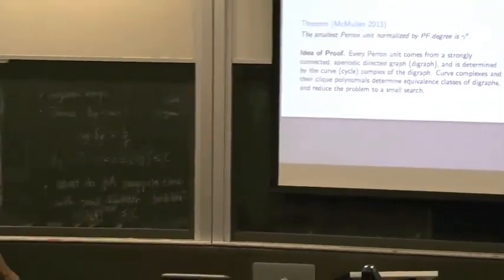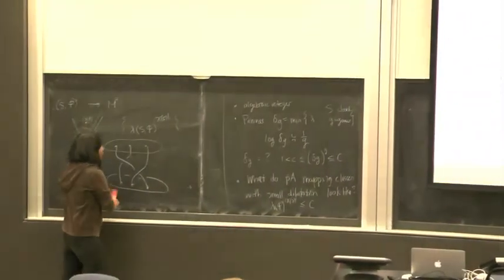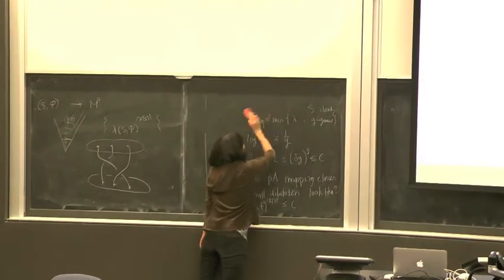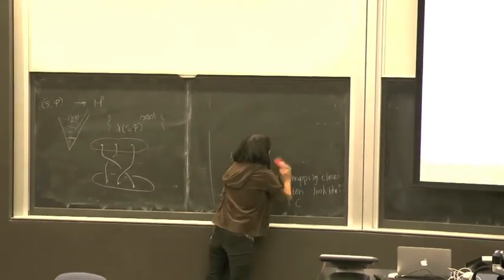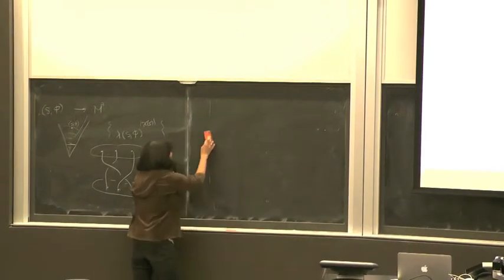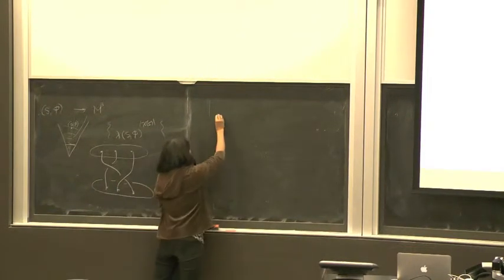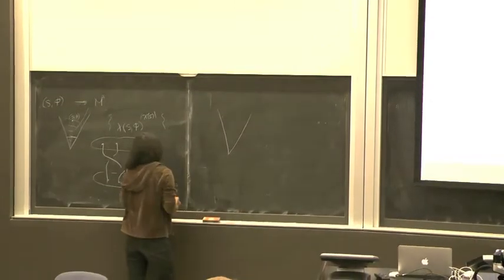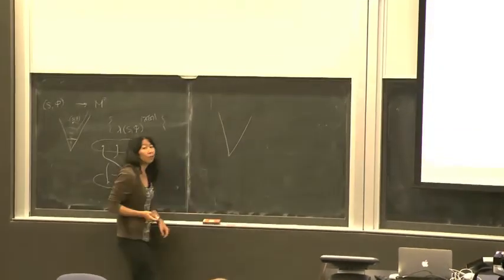So let's do this thing that people have been talking about, taking the mapping torus of it and looking at the fiber cone. So we know that this somehow sits inside a fiber cone.